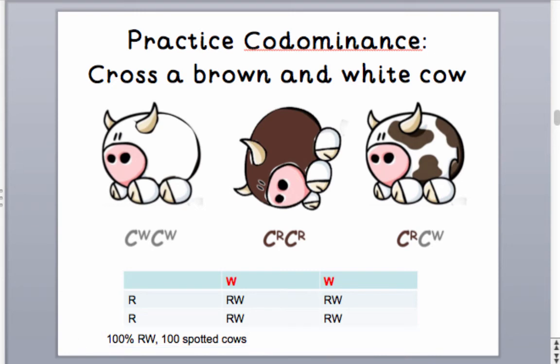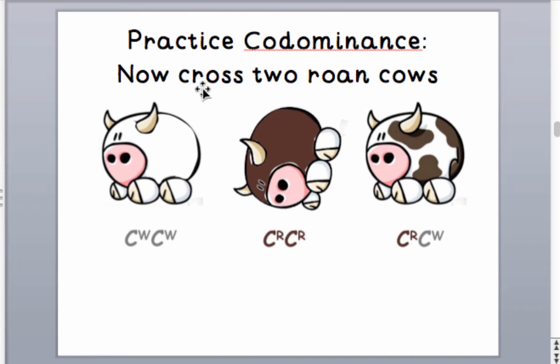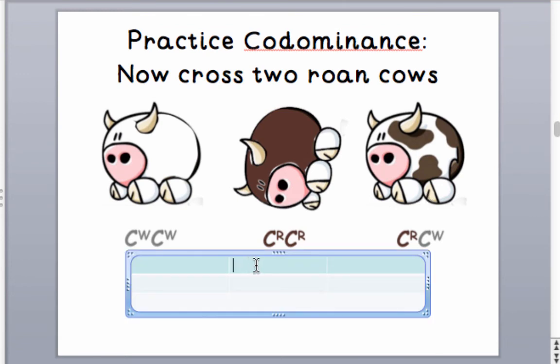Let's go ahead and do another exercise since you're doing so well in here and practice crossing two roan cows. Roan is the name given to this type of spotted cow. So let's write in here the genotype of the crossed cow with an R and a W, and we'll make that a little bit darker so you can see it better. And the other one again with an R and a W because we're crossing two roan cows.